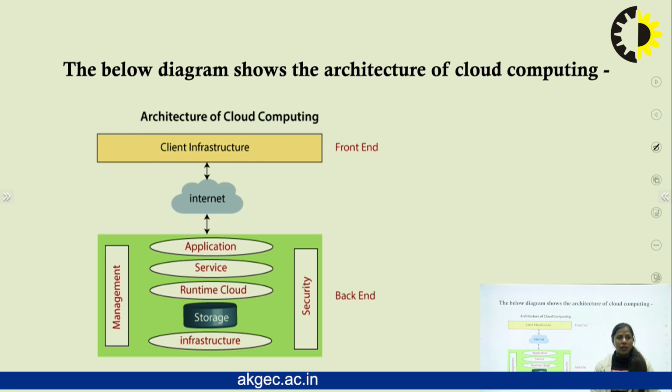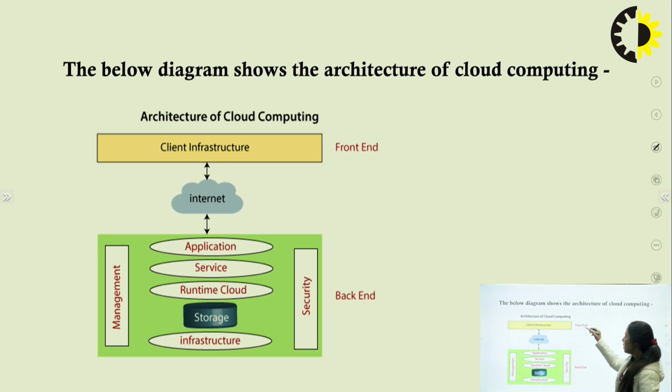Now, talking about the various components of cloud computing architecture, this is the basic architecture. This is the front end part through which the client accesses the particular thing. As you can see, it is in the form of a client-server architecture.